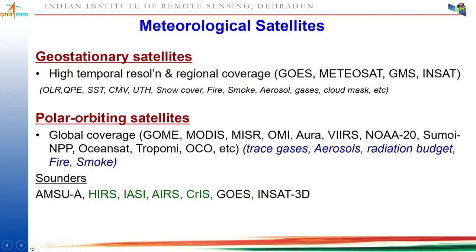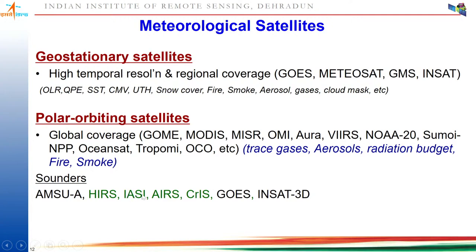But here we have numerous channels. For example, HIRS has 20 channels operating in the 3 to 15 micrometer range, and this provides vertical profiling of temperature, humidity, winds, cloud height, and so on, albedo.